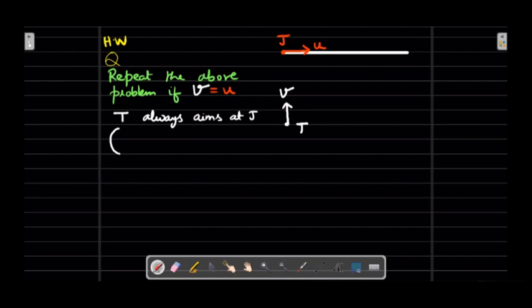So just let's make a note. This is an interesting way of reading the situation, a vector way. So at this particular point, if this is your position T and this is your position J, what he's trying to tell you is that the velocity vector of v is, can I say, parallel to the position vector of J with respect to T?